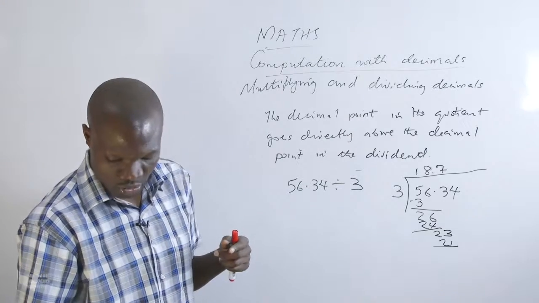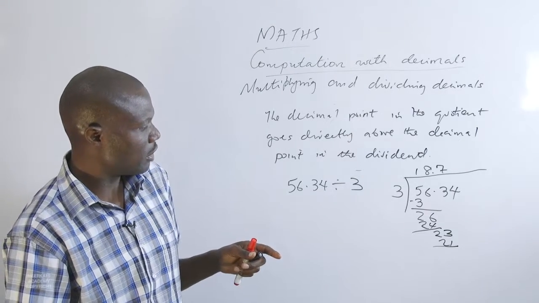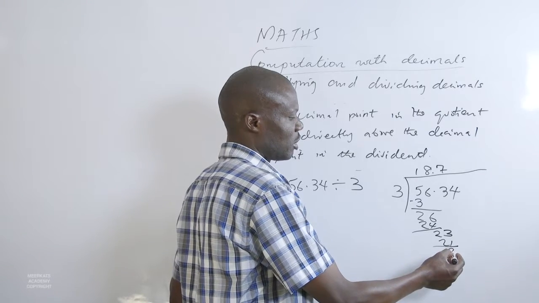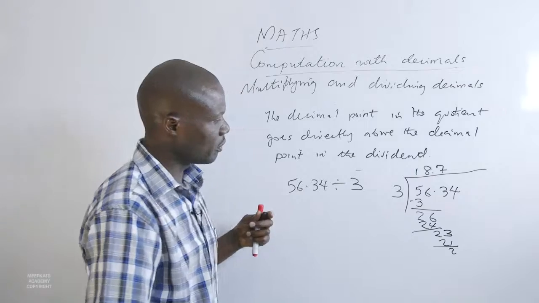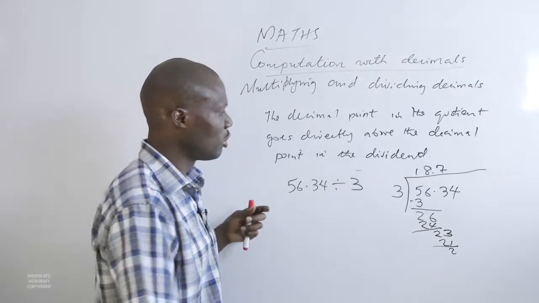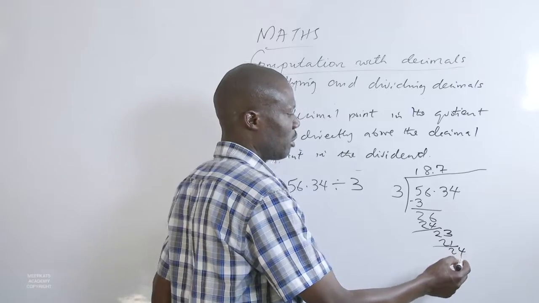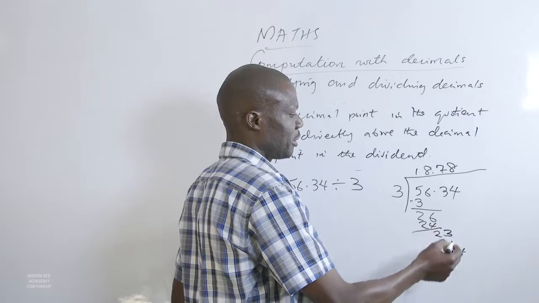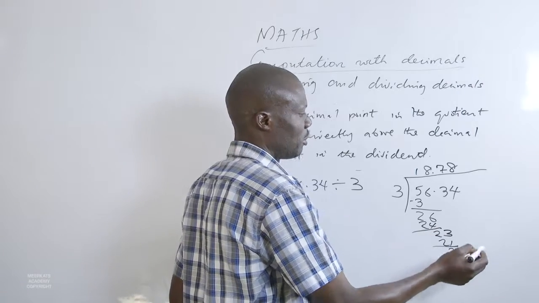That is, we have 18.14. 23 minus 21 is simply 2. So bring in 4 to be 24. Divide by 3 is 8. And this one gives us 24.